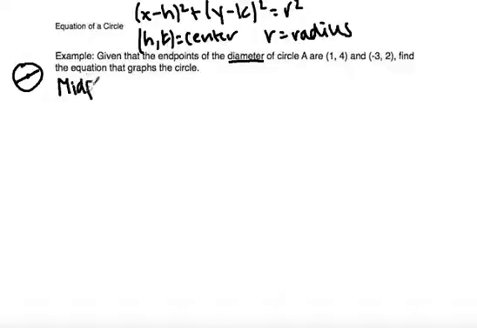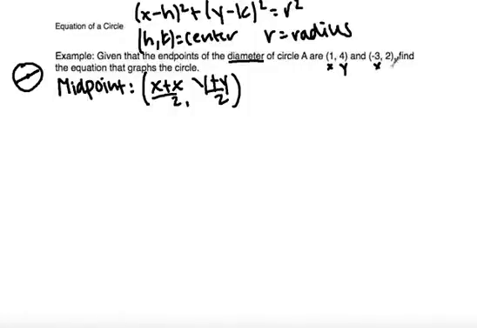Remember that your midpoint formula is (x + x)/2, (y + y)/2. You learned this yesterday. So you've got your 2 points. Remember, your first ones are your x's, your second ones are your y's.